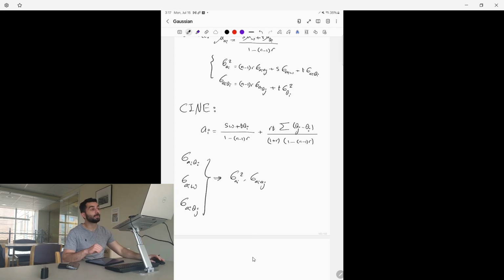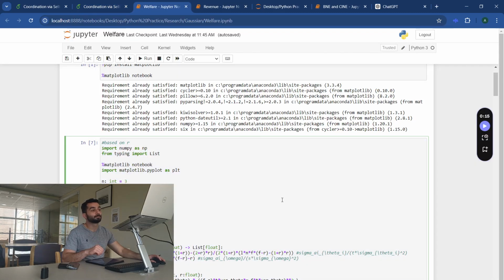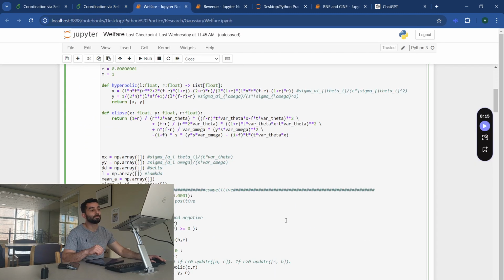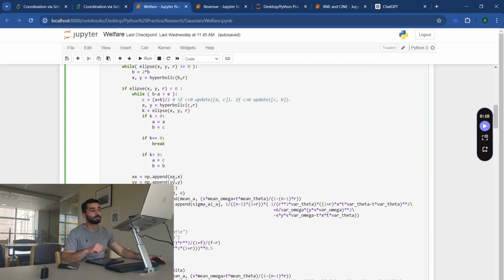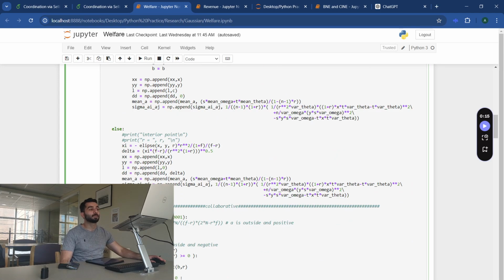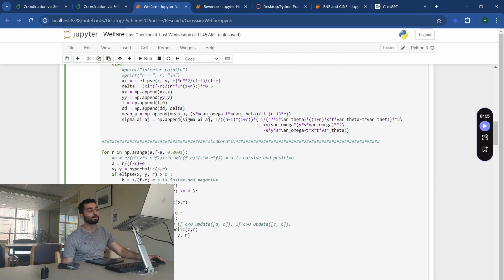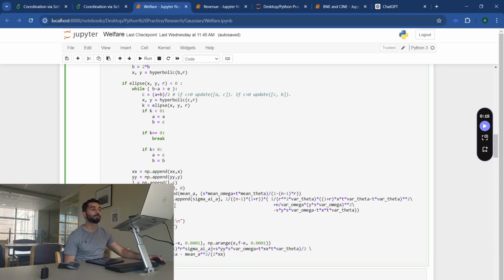Just to make sure, is it the way we do it in the code? X, Y, then we have sigma AI AJ. But sigma AI theta j, we never computed it, and sigma AI omega we never computed that too. Doesn't matter.